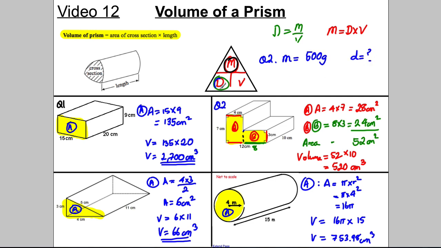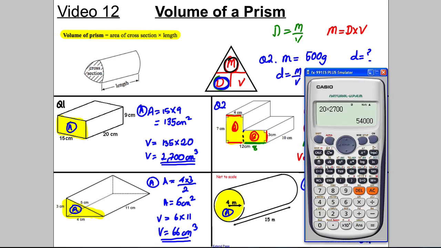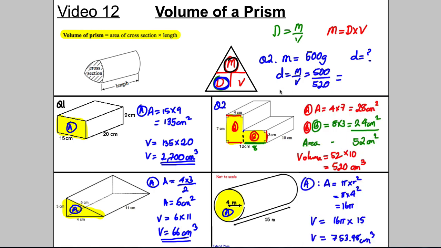We could say that density is mass divided by volume, which would be 500 divided by the volume, which is 520, and we'd get our calculator out, and we go 500 divided by 520, and that's equal to 0.96, etc. So 0.96, and it would be grams per centimetre cubed. Okay, so that's just one thing to bear in mind.